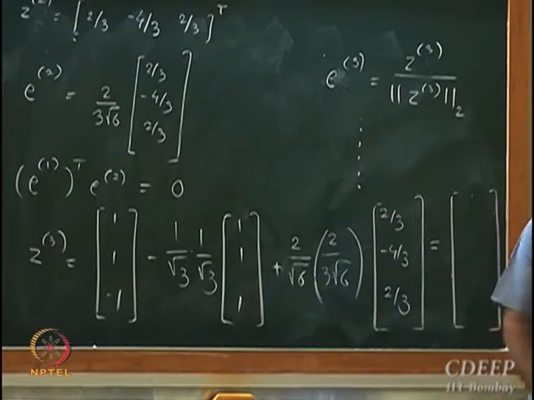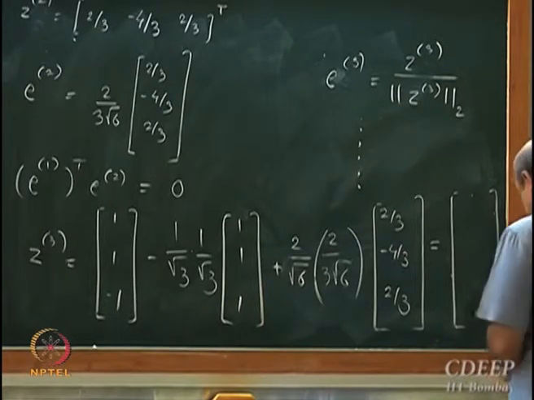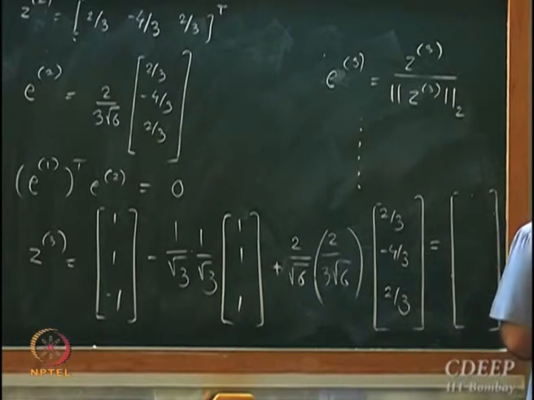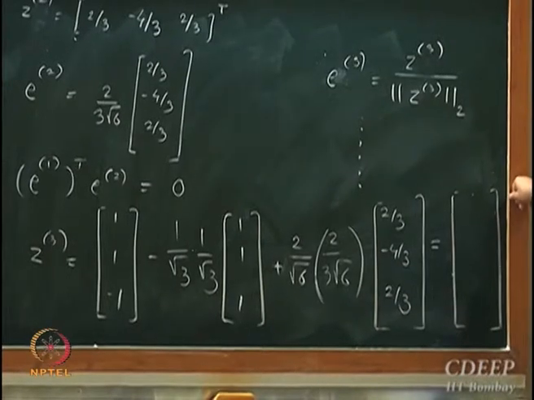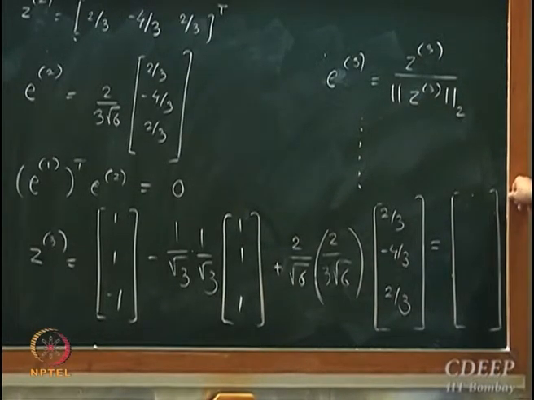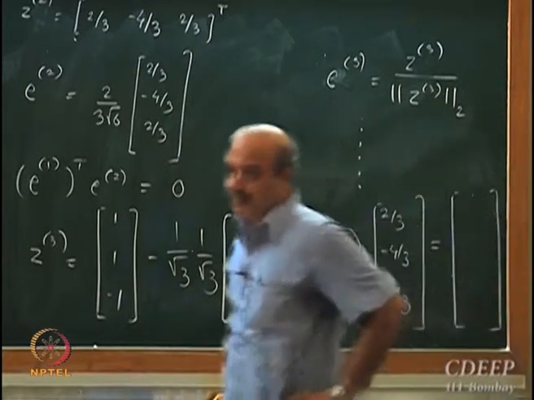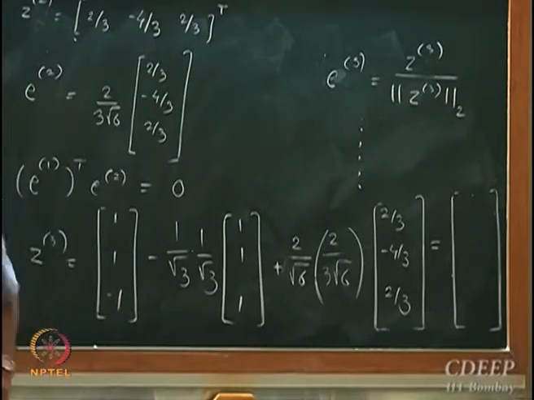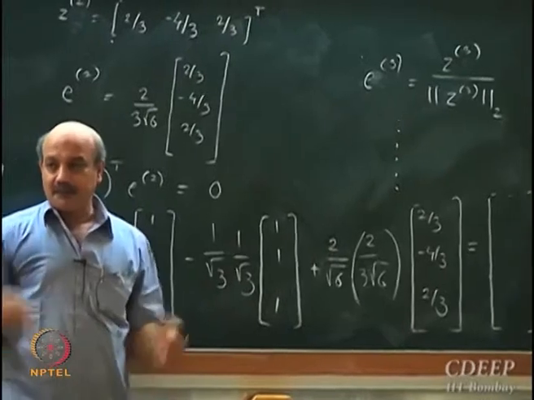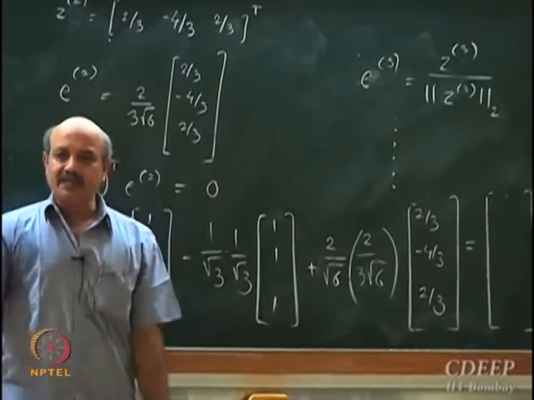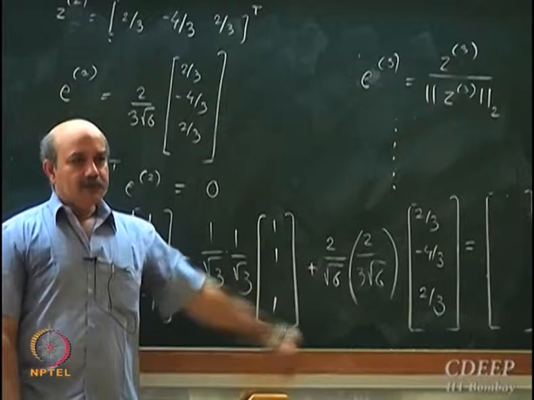Can somebody help me with this? What are these three numbers? Well, after you find this z3, you have to make it unit magnitude. You have to divide it by its magnitude, but that's a simpler part.